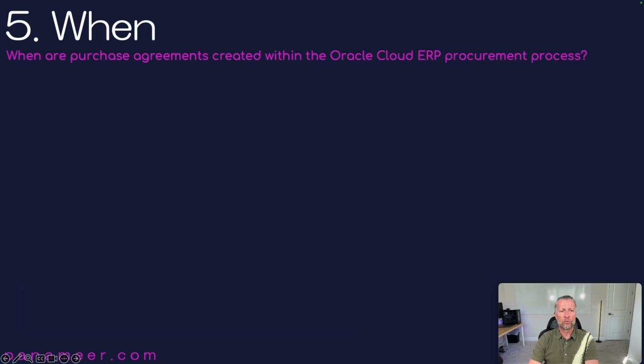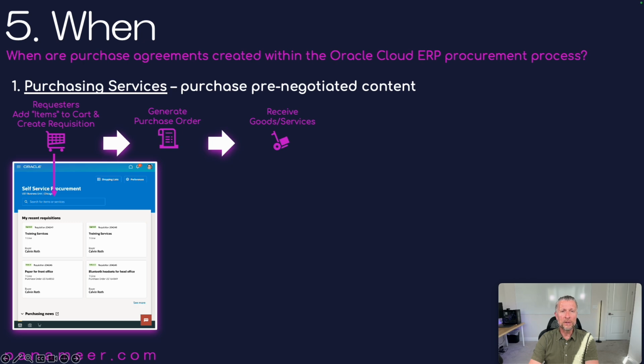Okay, slide 5. When are purchase agreements created within the Oracle Cloud ERP procurement process? Well, let's take a look at that process. So first, we use purchase requisitions to go to a catalog and find pre-negotiated content, put it into our cart, create our requisition, submit that requisition for approval, auto-generates a PO, and those goods come to desk or dock.